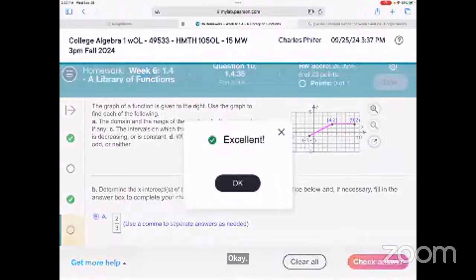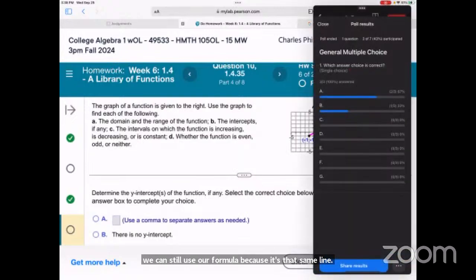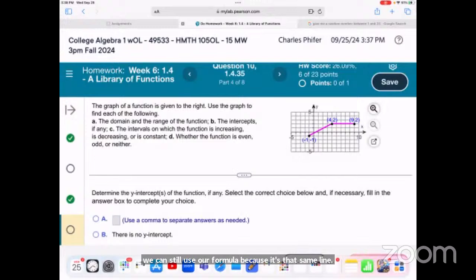Y-intercept, where it crosses the y-axis. We can still use our formula because it's that same line.